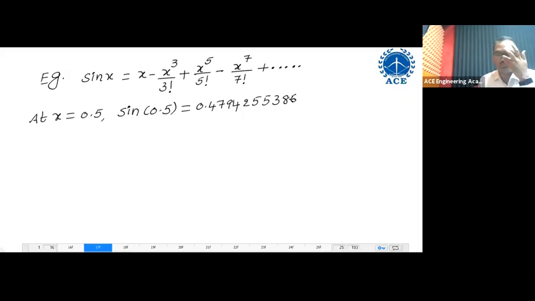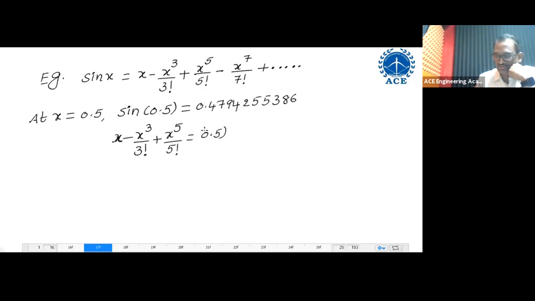It is not required to consider all terms of the series. You just take only the first 3-4 terms of the sin x expansion and substitute x is equal to 0.5 in the first 3-4 terms only.